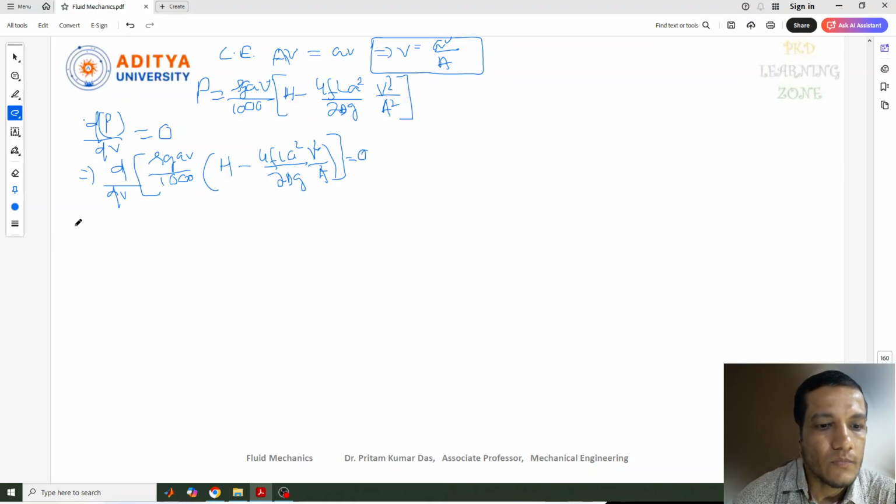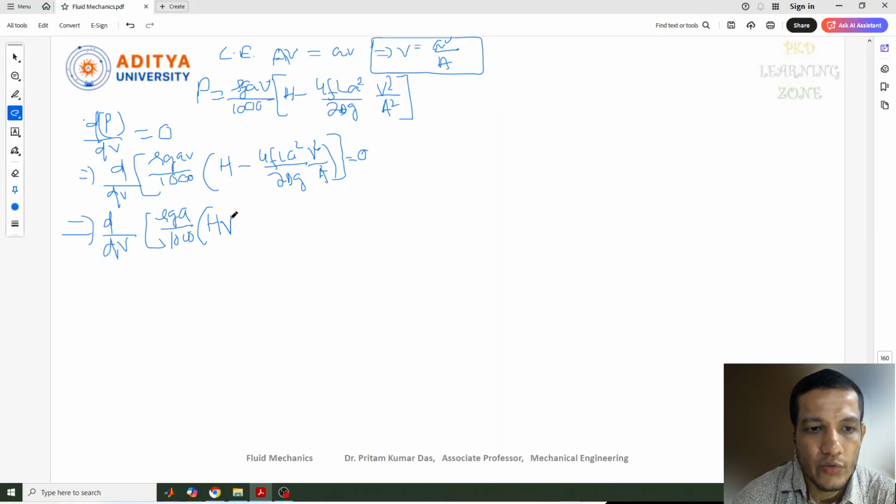Now the derivative of the whole term rho g a divided by 1000, and this velocity term, let's take it inside.